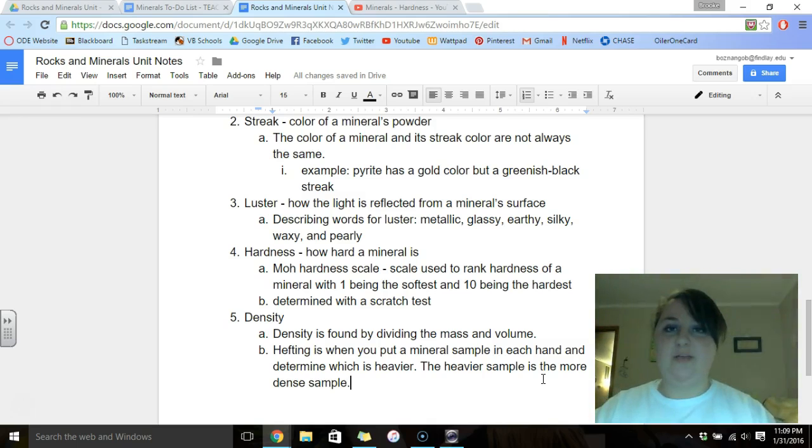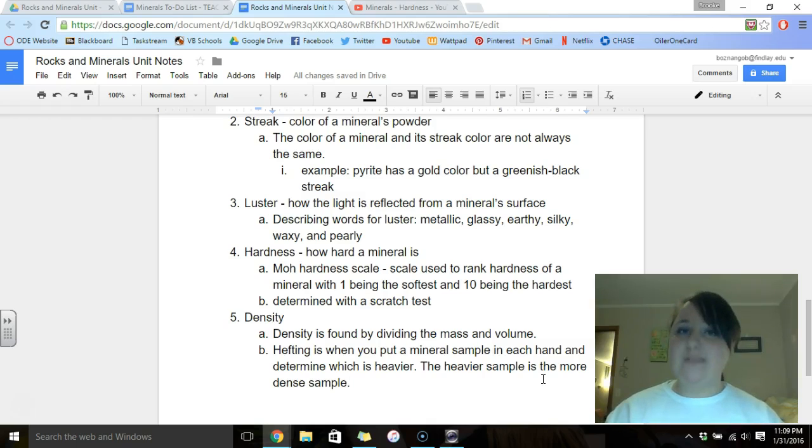When you heft something, you determine which one feels heavier. And remember, when we were doing density before, that the more dense an object is the more mass that it has. So as the mass went up, the density went up. And that's the way we use hefting to determine which sample we think is more dense.